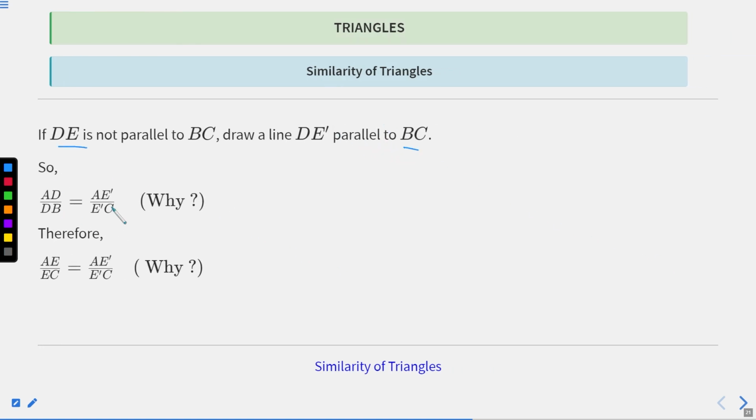Then AD over DB is equal to AE dash over E dash C, since they are parallel, from the previous theorem.